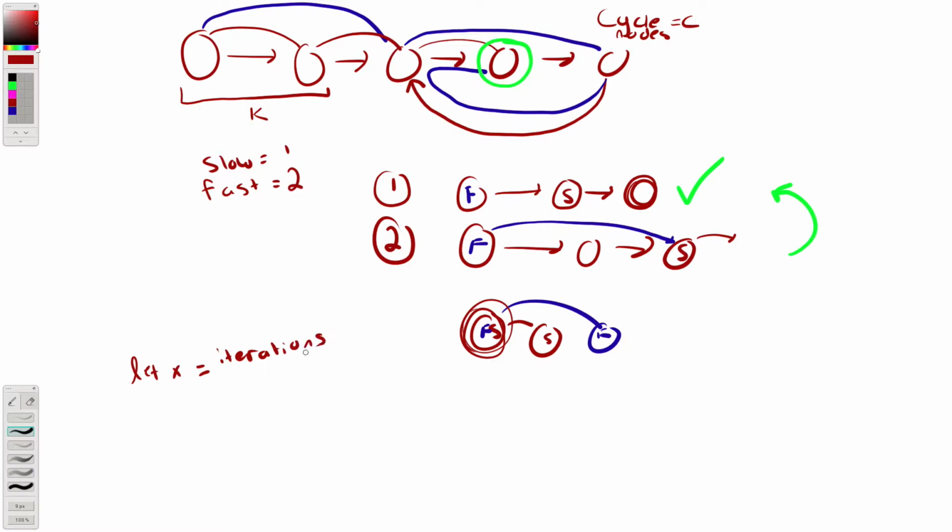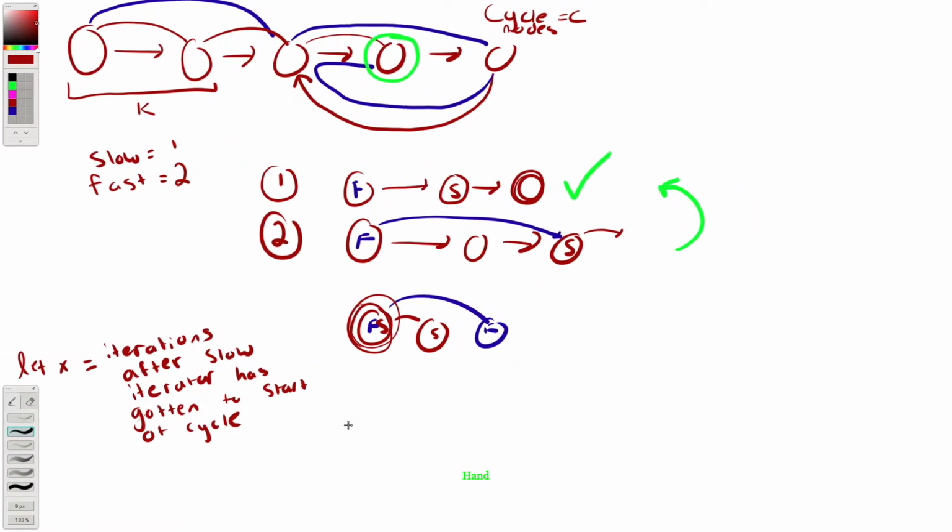Iterations after the slow iterator has gotten to the start of the cycle. So it's like the iterations after. And what we're trying to figure out is which position in the cycle do they meet, assuming that there is a cycle. Which position in the cycle do they meet?